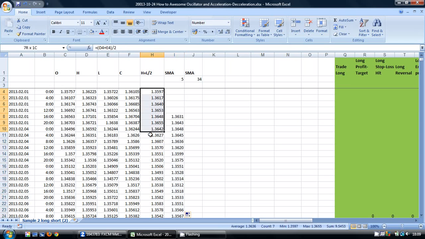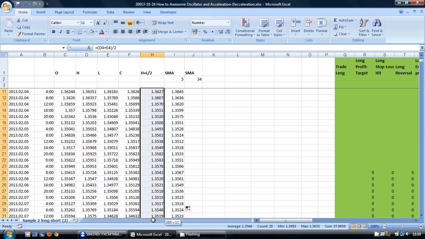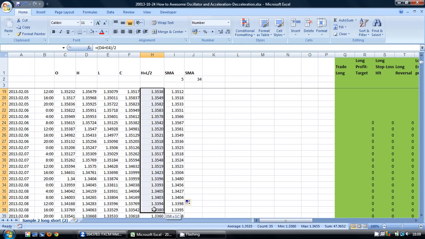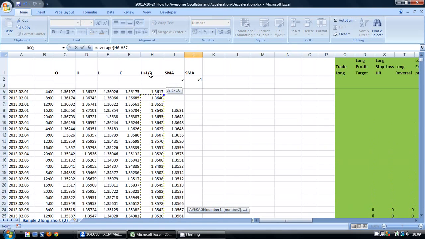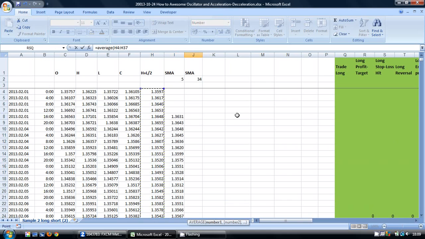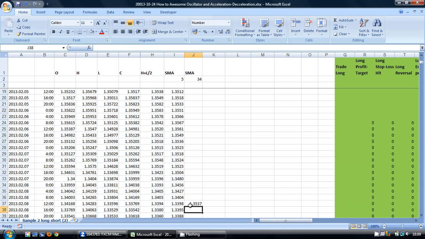Now I'm going to take the first 34 cells and put in equals average, I'm going to copy these down.